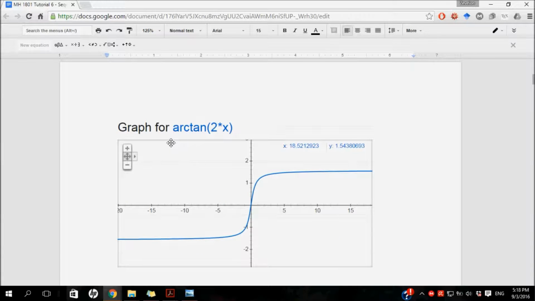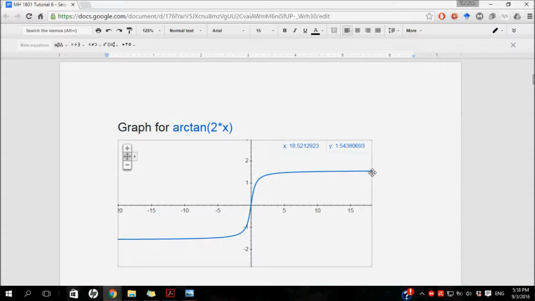Now as you can see from this graph, as I take x towards infinity, the graph is tending towards a certain value at this point. What is this value that it is tending towards? What is the limit in this case?